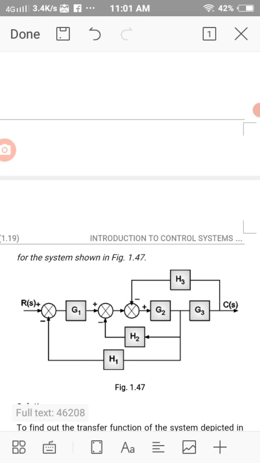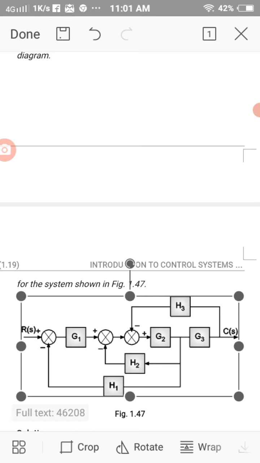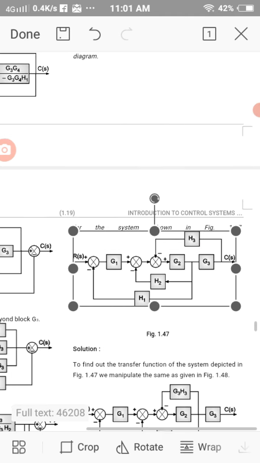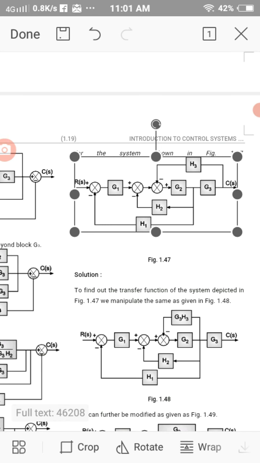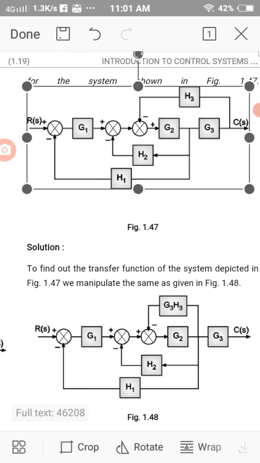This is a block diagram of which you have to find the transfer function. That means we have to find C of S divided by R of S. Here block G3 is not there in the problem, so we will exclude this G3.